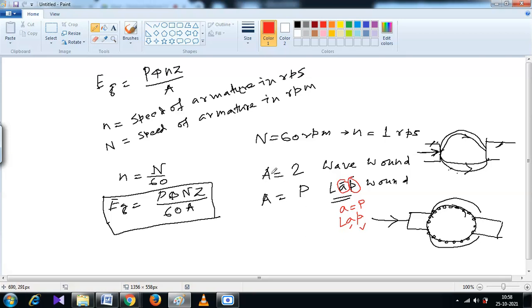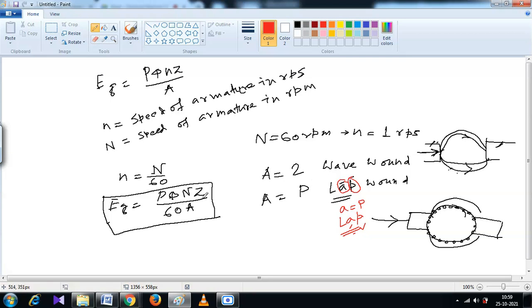One is A is equal to 2, which is called wave, and another is A is equal to P. So in the word lap, A and P are there, and we can easily remember which one is lap and which one is wave.